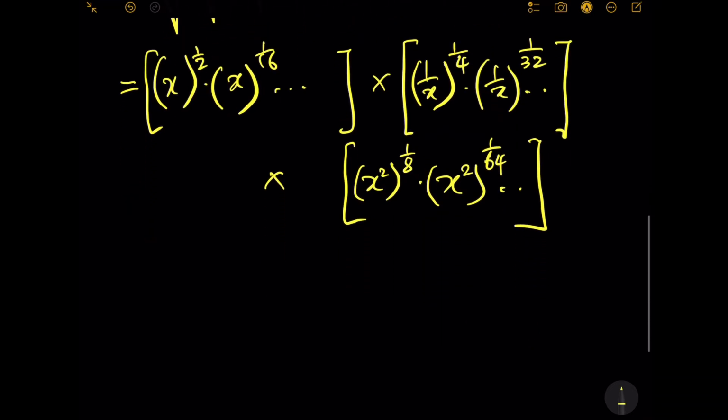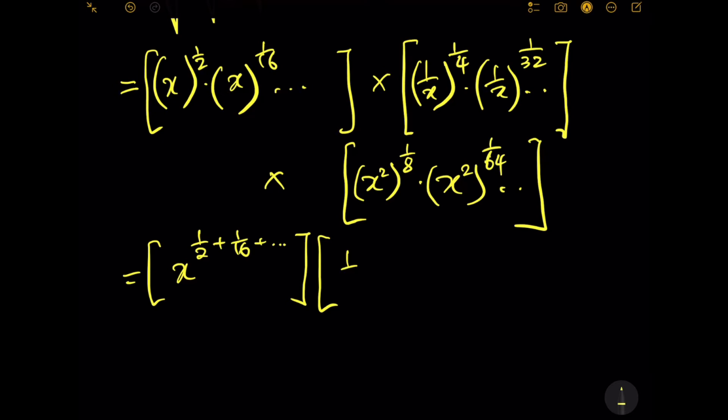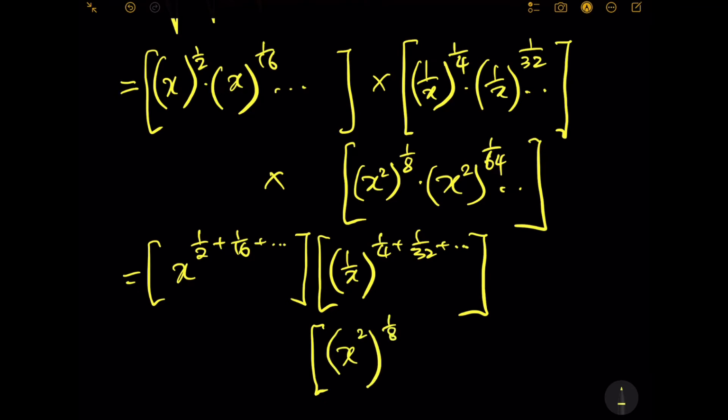Or it can be written as a kind of geometric series: x power 1 over 2 plus 1 over 16 plus something else, multiplied by 1 over x power 1 over 4 plus 1 over 32 plus something else, multiplied by the third series, x squared power 1 over 8 plus 1 over 64 plus something else.